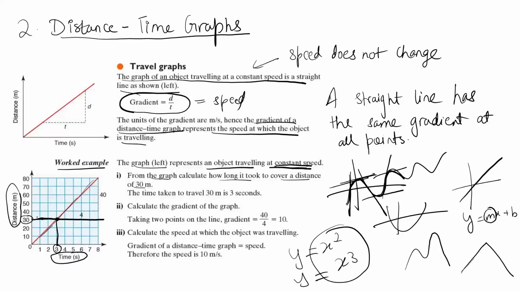we basically see at what time it is 30, right? And how do we do that? We draw the horizontal line at 30, and we see the point where this horizontal line cuts the graph. We look at the point of intersection between this horizontal line and the graph we're given.